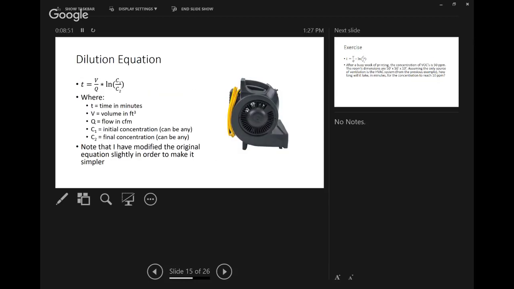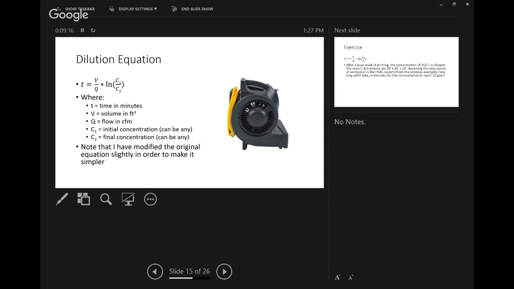The dilution equation is the only equation we'll do from today's slides, because I want to make sure we talk about the lab more. We'll do it over here for you guys. The original equation doesn't look exactly like this.